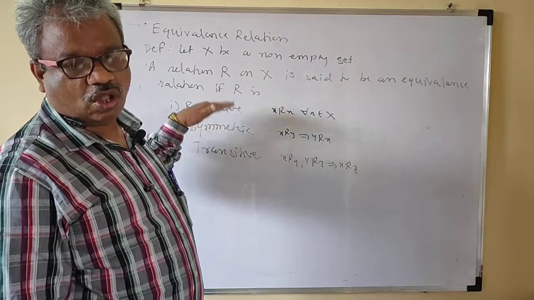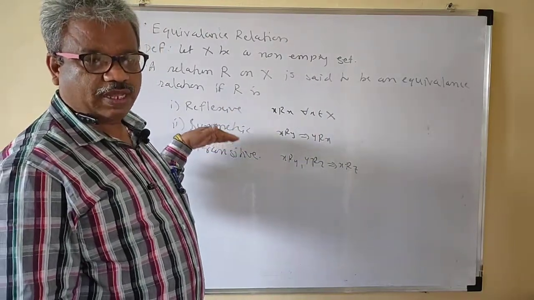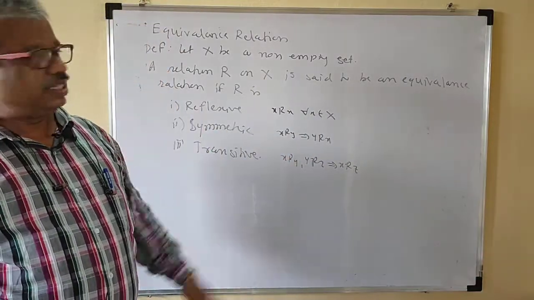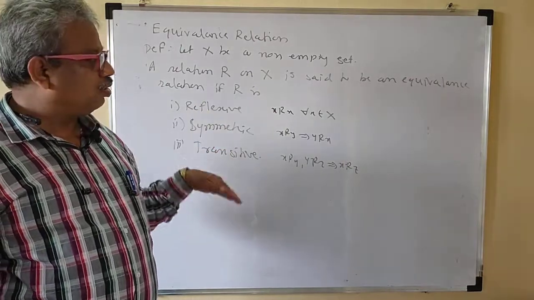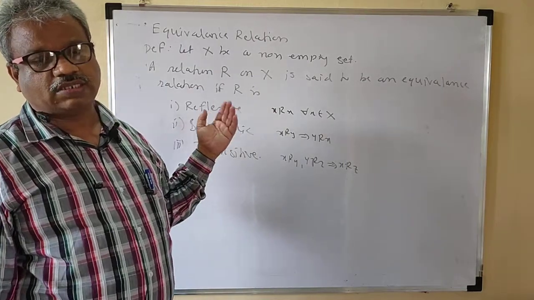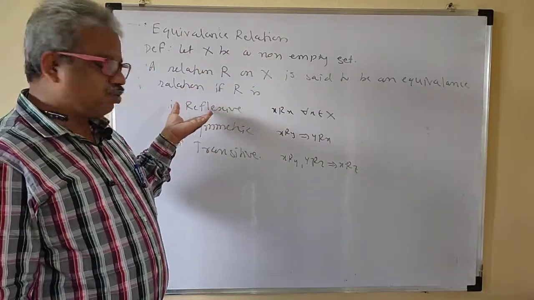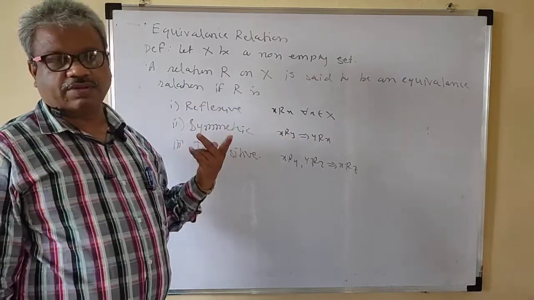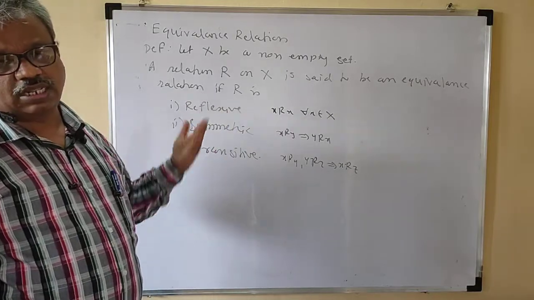In the next session, we will see a number of problems on equivalence relations. If you solve problems on equivalence, automatically you are solving problems on reflexivity, symmetry, and transitivity.